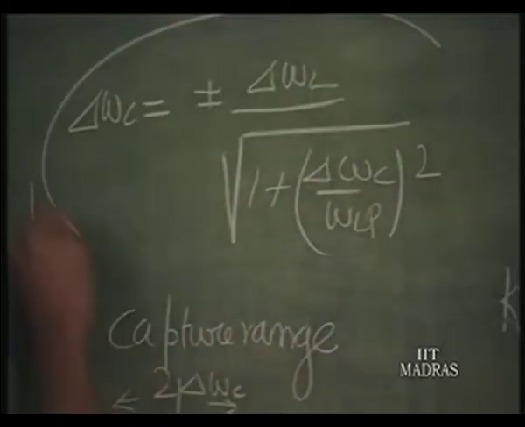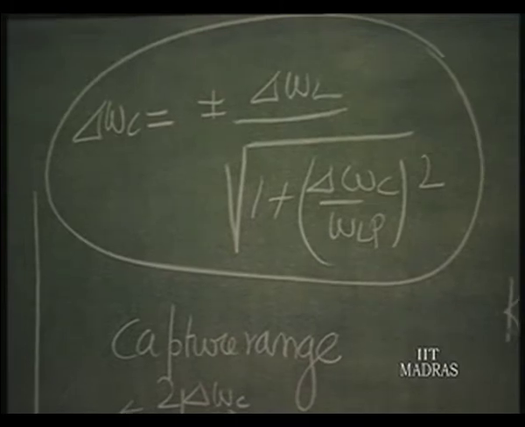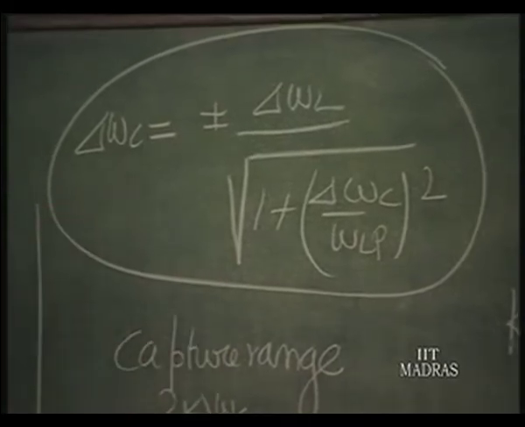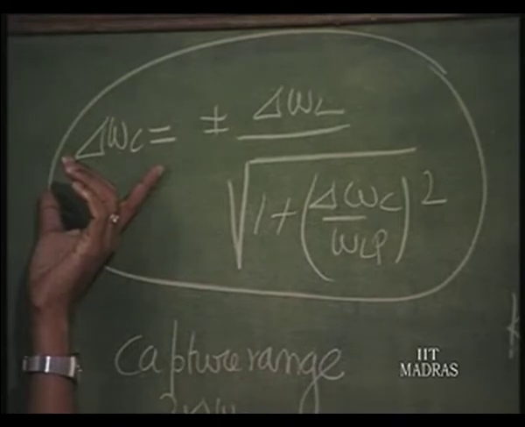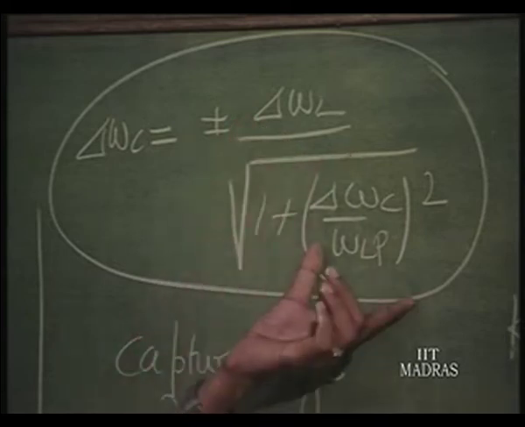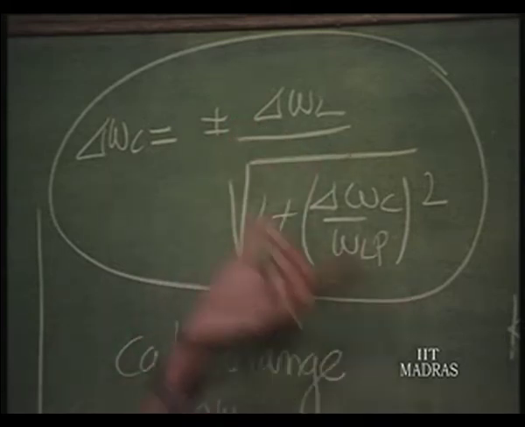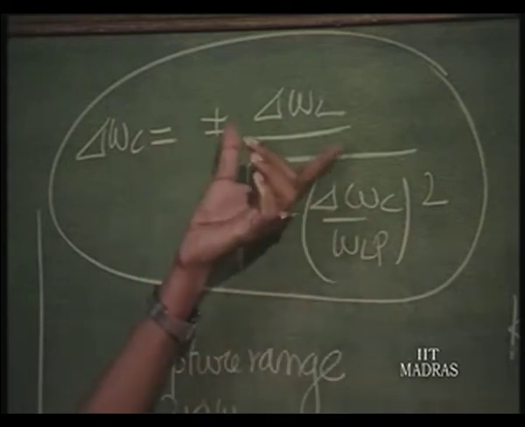This is the equation which you have to solve in order to obtain delta omega c. Unknown is delta omega c. Delta omega L is already known, omega Lp is known. So, you will get delta omega c in terms of omega Lp and delta omega L.